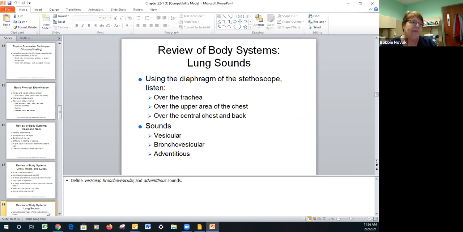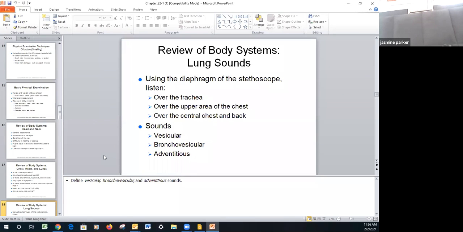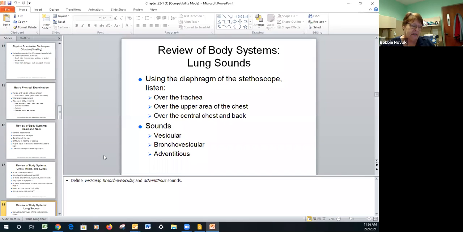So then when we're listening to lungs, we're going to listen over your trachea and then your upper chest area and then your central chest and back, okay? And there are 3 different kinds of sounds you're going to hear when you're listening to lungs. And if you look on page 385, it shows you the area where you're going to hear these sounds.